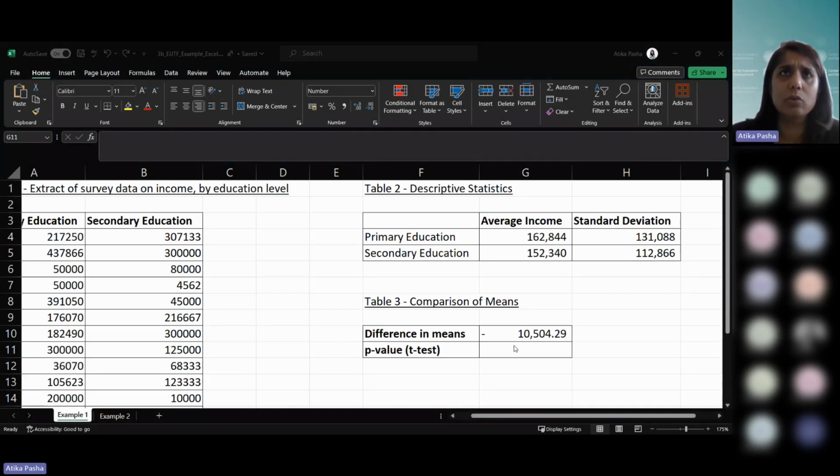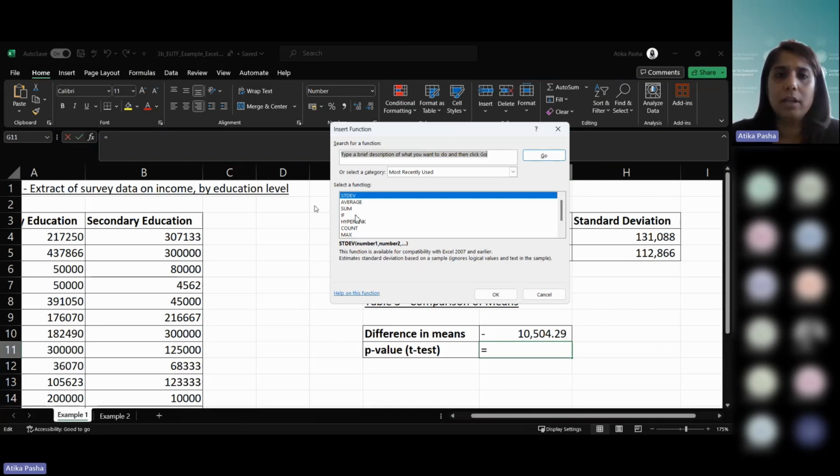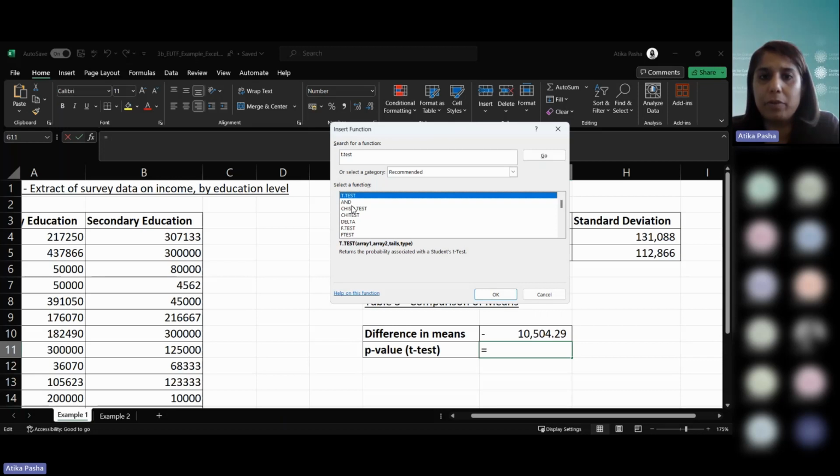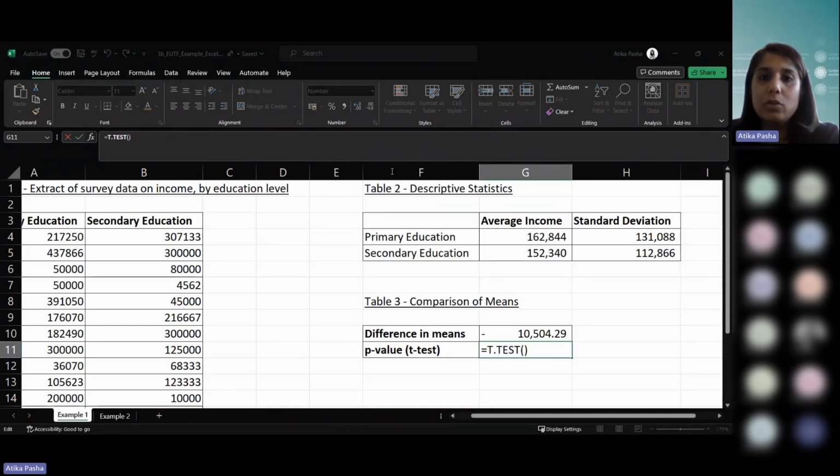So again, you click on your cell where you're interested in calculating it, click on function, and then you can also type here directly so that it shows you what options are available. As I said, you have the chi-square test and the F-test, which are the other tests I was talking about, but we are only interested in the t-test. Having double-clicked on it, you now need to enter all of this information.